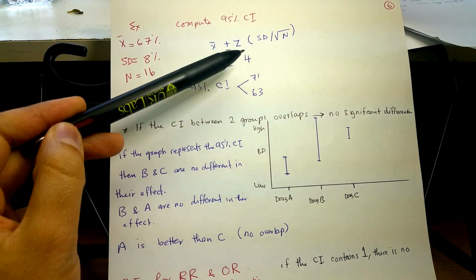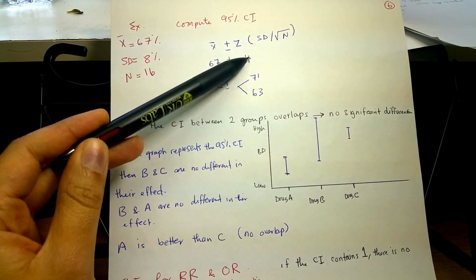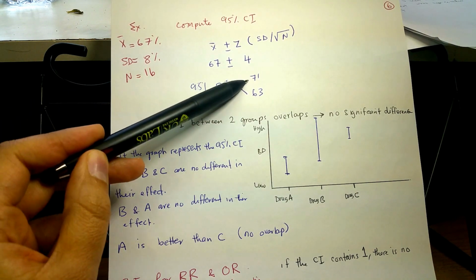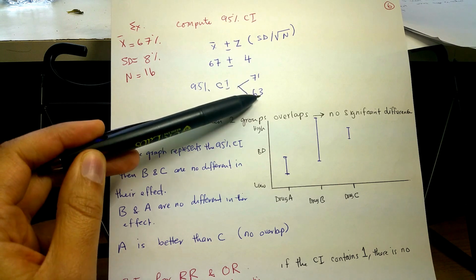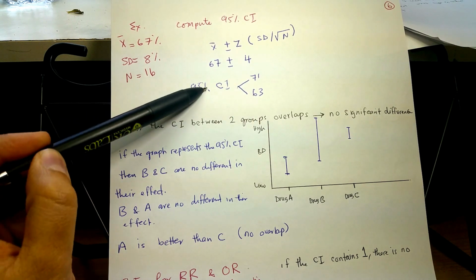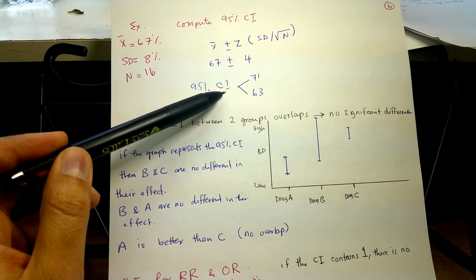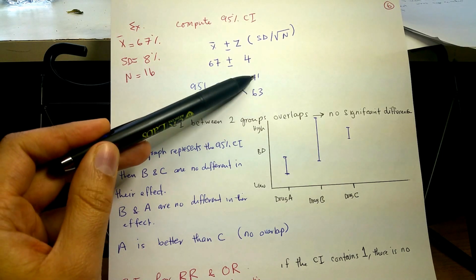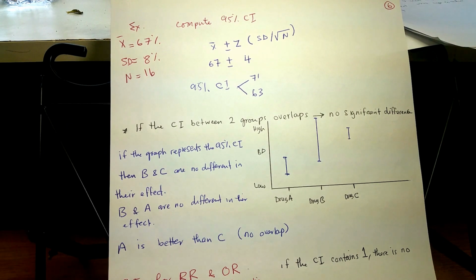If we make this calculation, it will be 67 plus or minus 4. So the 95% confidence interval will be from 63 to 71. We're 95% confident that the mean would lie between these two figures.